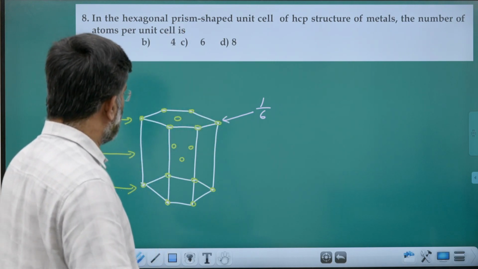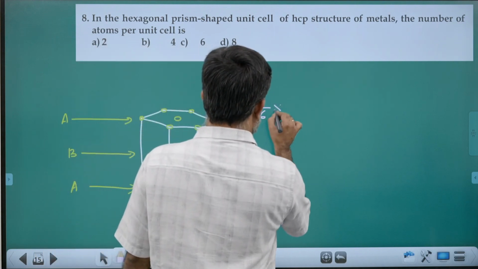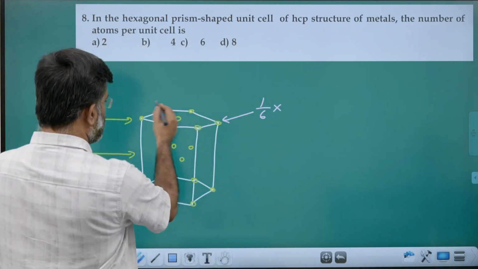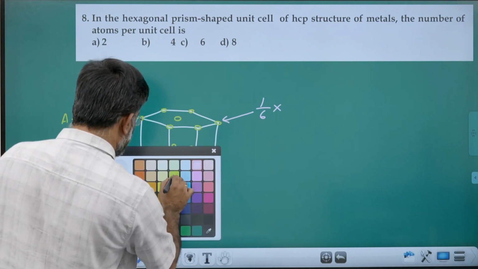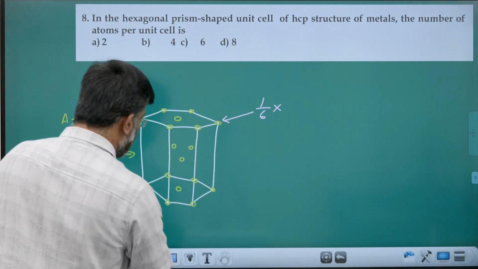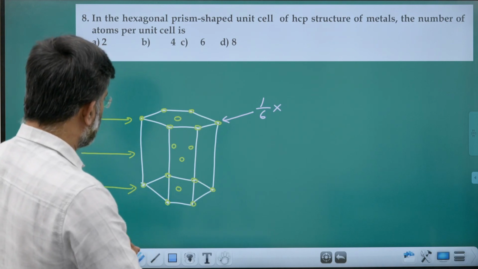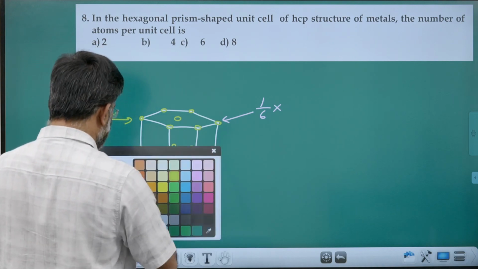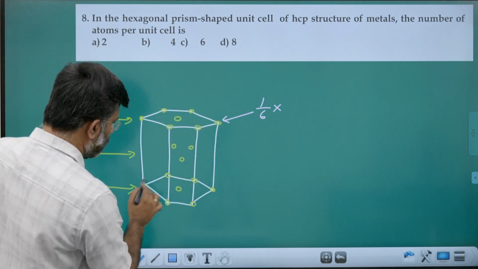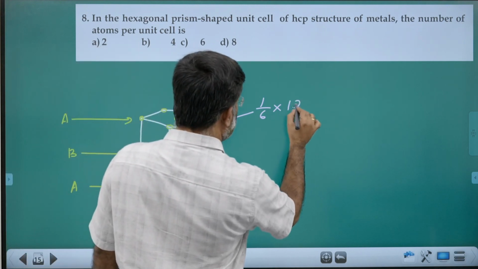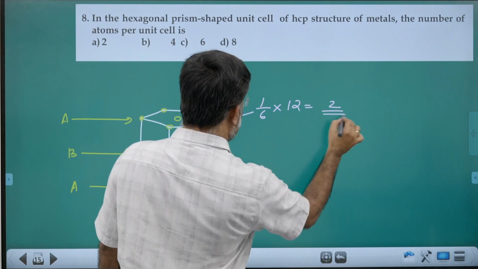How many particles are there? 1/6 into, there are 6 over the top, 6 at the bottom. I forgot to give one particle at the bottom. So it is 1/6 into 6 over the top, 6 at the bottom, so it is 12. You get 2 particles.